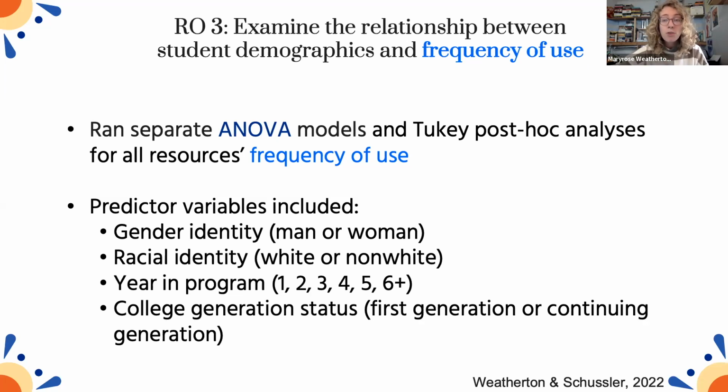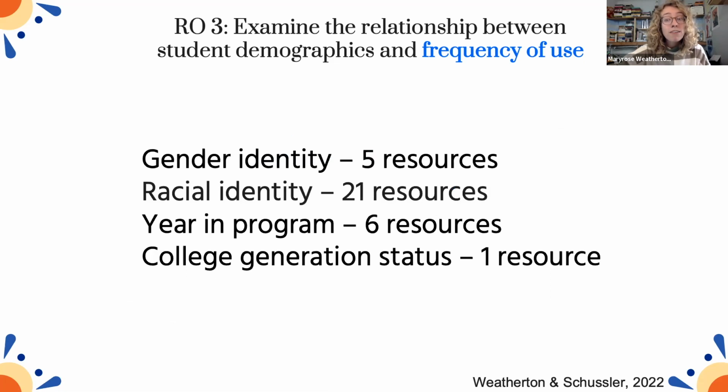So overall, I ran 34 separate models, and after adjusting for multiple comparisons, I used Tukey post hoc analyses to look at pairwise comparisons within the significant models. What we found is that all of the demographic factors that we tested were significantly related to the frequency of use for at least one resource.